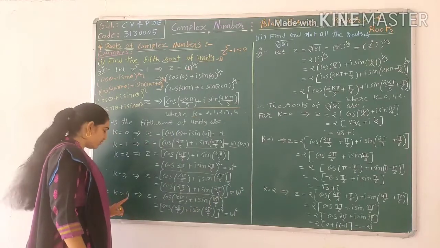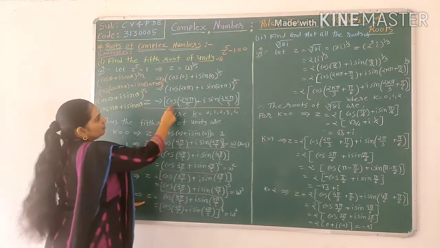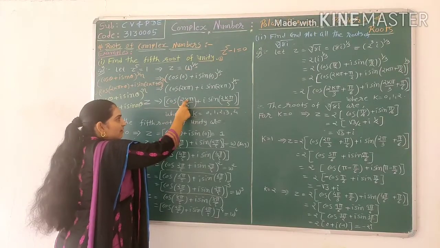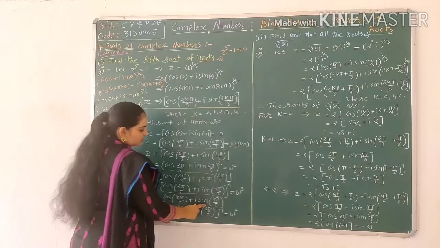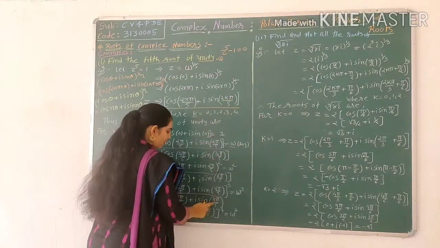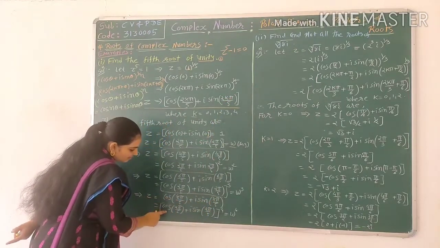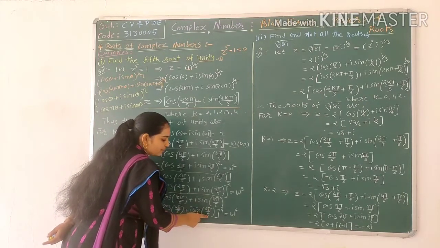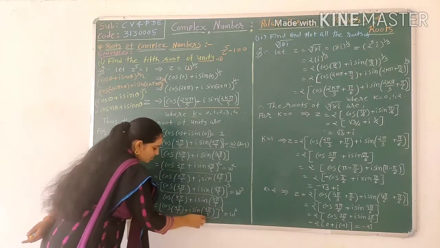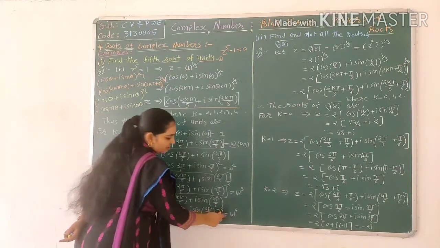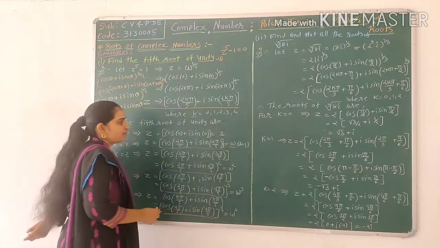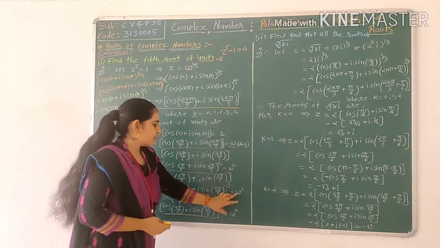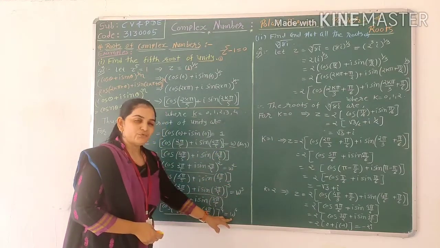Now, k is equal to 4, so cos 2 into 4 is 8 pi by 5 plus i sin 8 pi by 5. This can be written as (cos 2 pi by 5 plus i sin 2 pi by 5) whole raised to 4, that means W raised to 4. Therefore, the roots are 1, W, W squared, W cubed, W raised to 4.